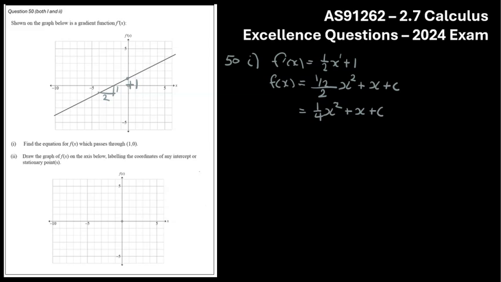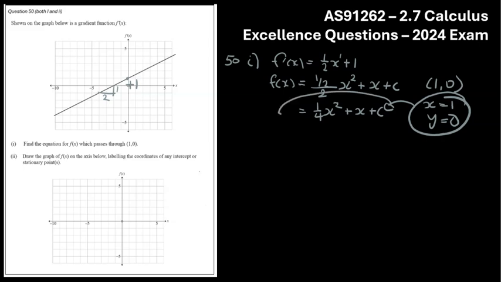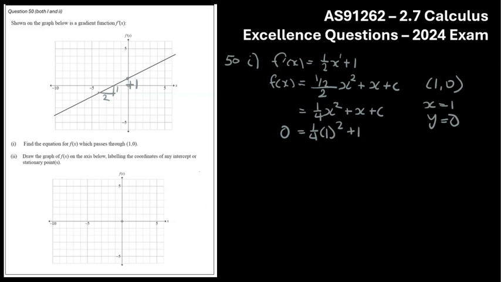Now we're going to look to find the full function, which is the plus c. We know it goes through the point (1, 0), given to us in the question, that tells us that x is equal to 1 and y is equal to 0. So I can use both of this information to substitute into my expression. That'll let me get c. So 0 is equal to 1/4 of 1 squared plus 1 plus c.